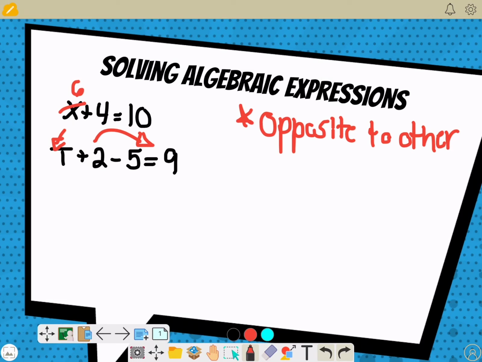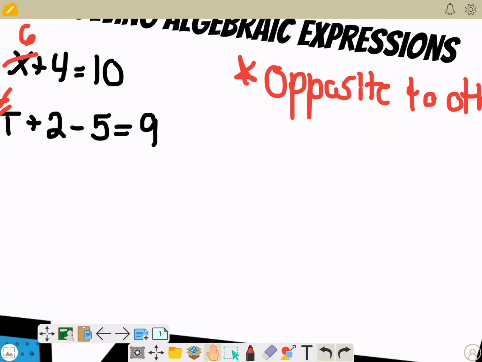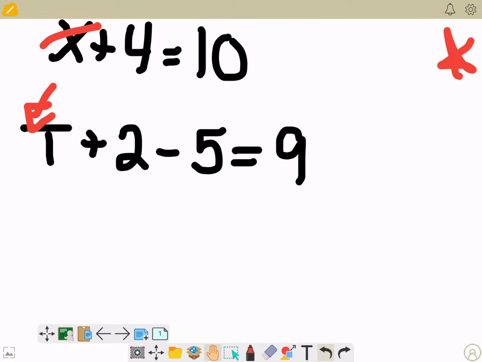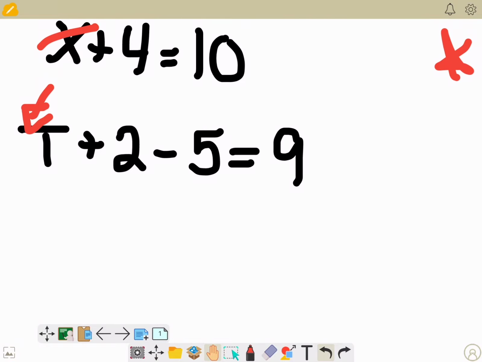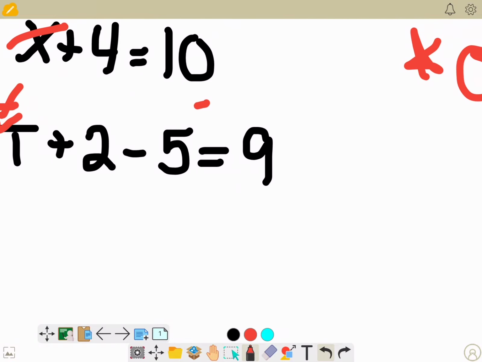So how would that look when you're actually working it out? Well, if you are subtracting on this side, that means on this side, you need to be adding. So if you see a subtract 5, you're going to do a plus 5, and negative 5 plus positive 5 is nothing.